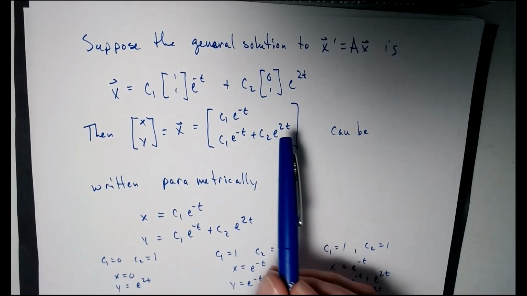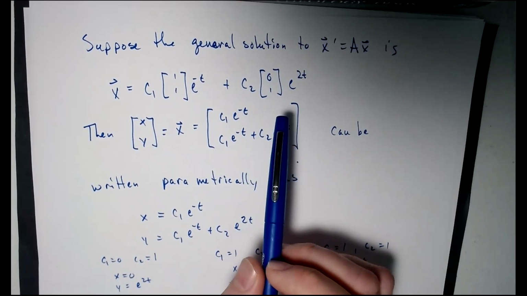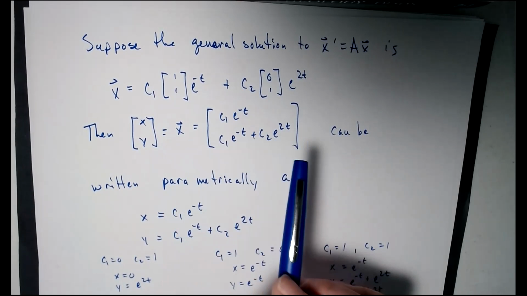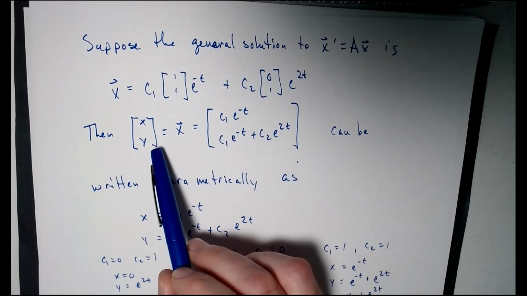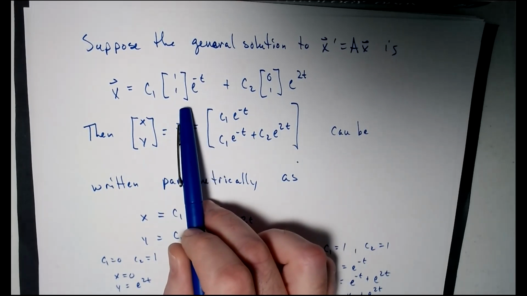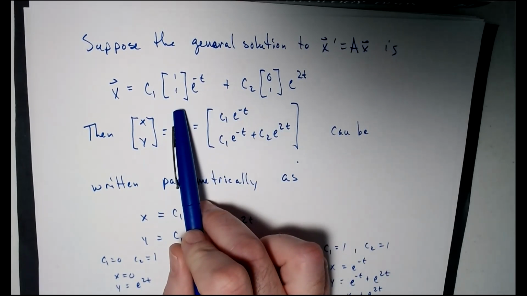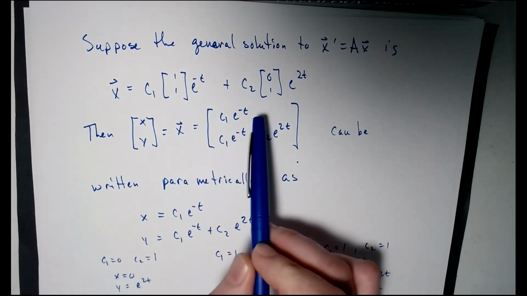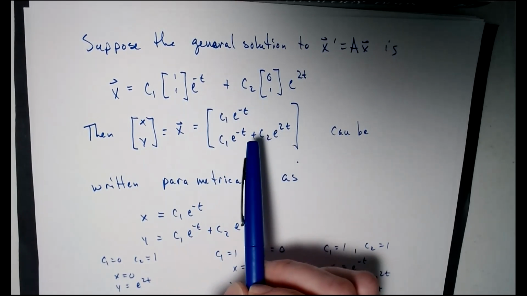So in order to graph the trajectory, we really want to write this as a set of parametric equations. Instead of writing it in our fundamental set of solutions form, our regular general solution form, we combine these two.